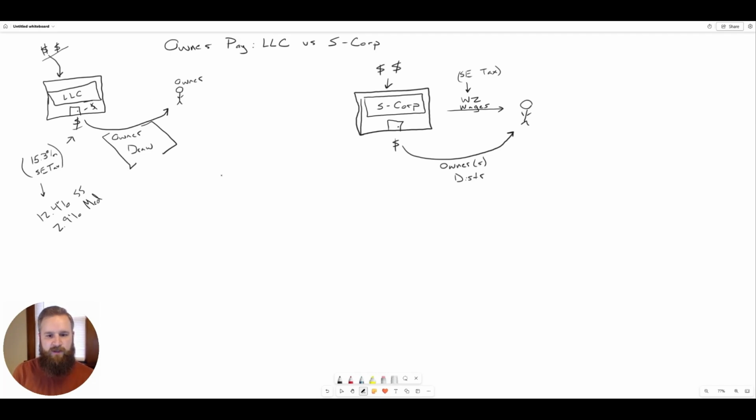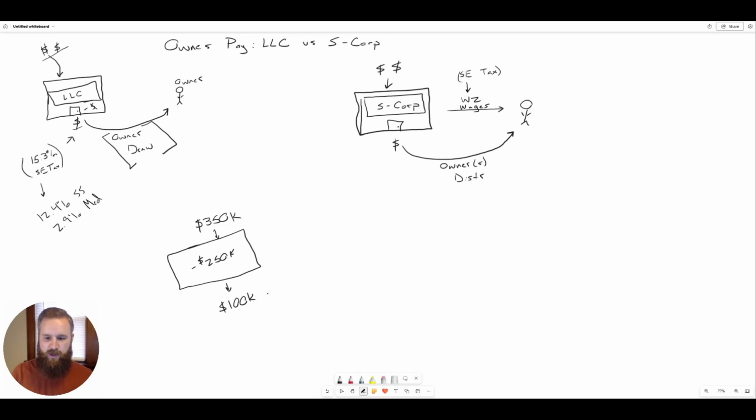So let's say that this LLC makes $350,000 in sales. And it costs $250,000 to operate this company. So here's your sales, here's your expenses. So your profit is $100,000.